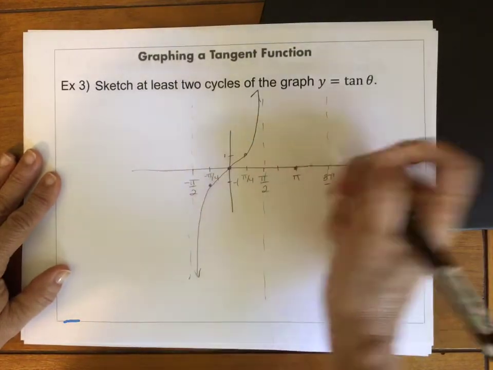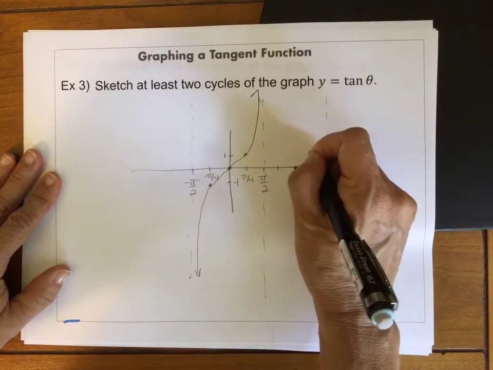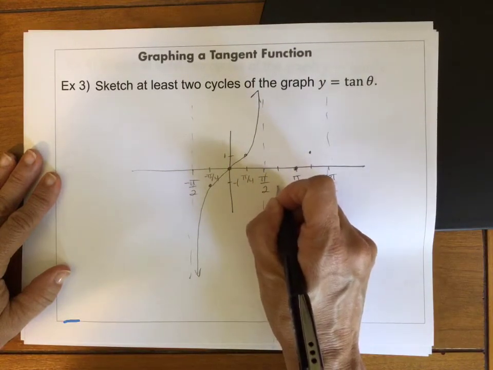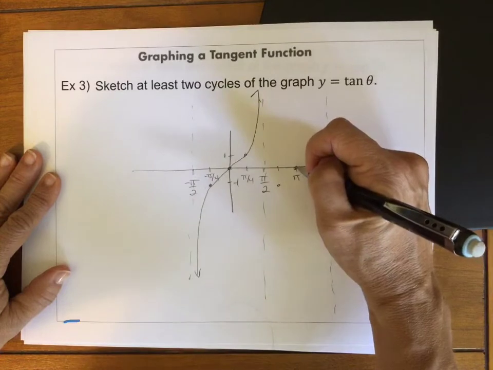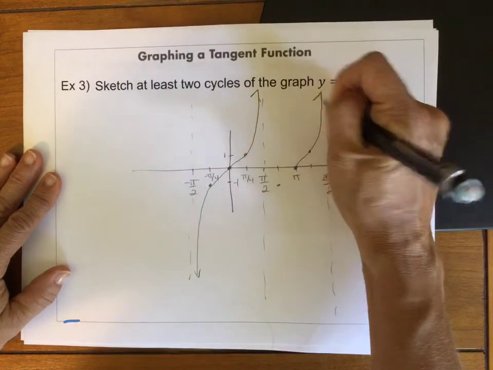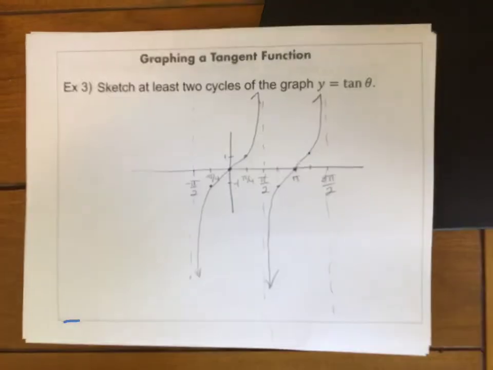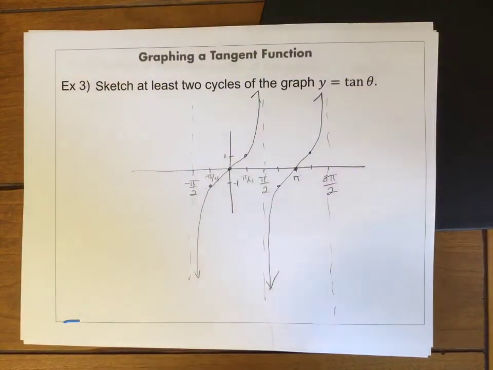Then halfway between those is my amplitude of 1. And then I draw in my branches approaching the vertical asymptotes on both sides. So if you need to pause and make sure you get this, go ahead and do that.